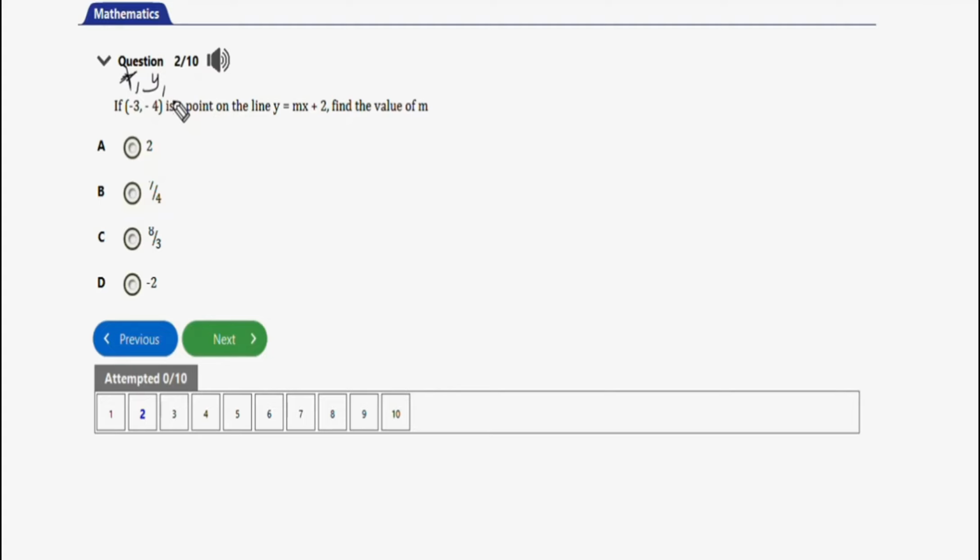Now let's input the value of x and y respectively in this formula we have here. So our y is -4, because we are looking for the value of m, we don't know it, so our x is what, minus 3, m plus 2.